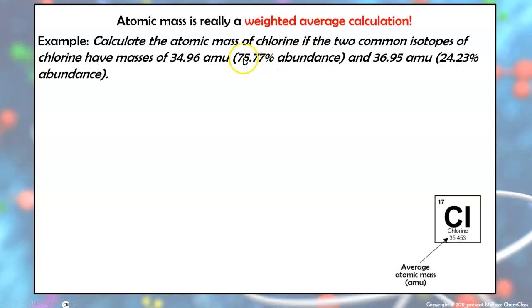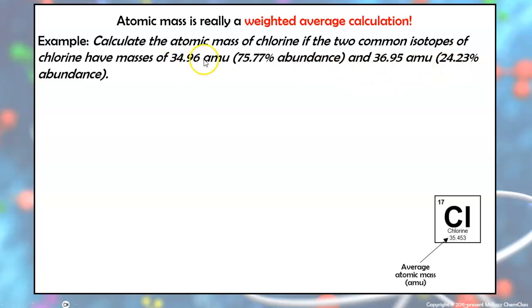The abundance of this chlorine isotope is 75.77%, which is 34.96 AMU. And this isotope, 36.95 AMU, is 24.23% abundance. This 75 plus 24 is going to add up to 100, or at least it should.